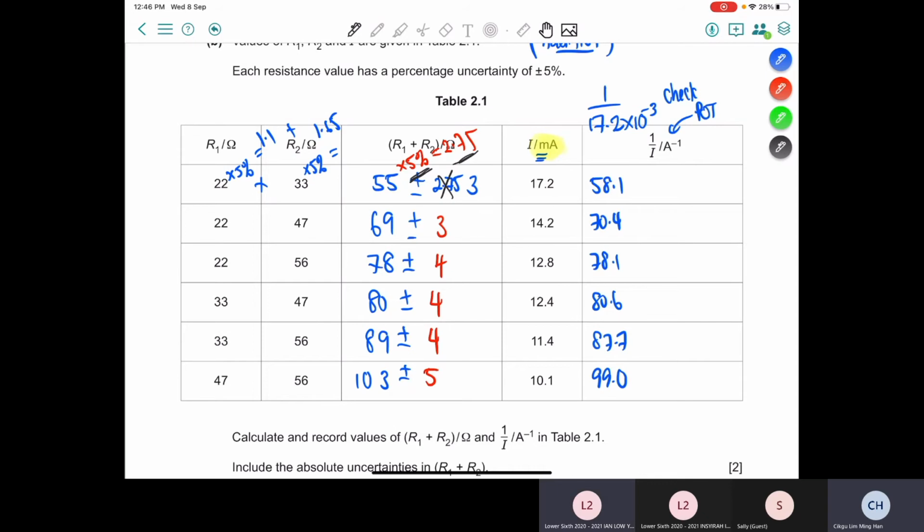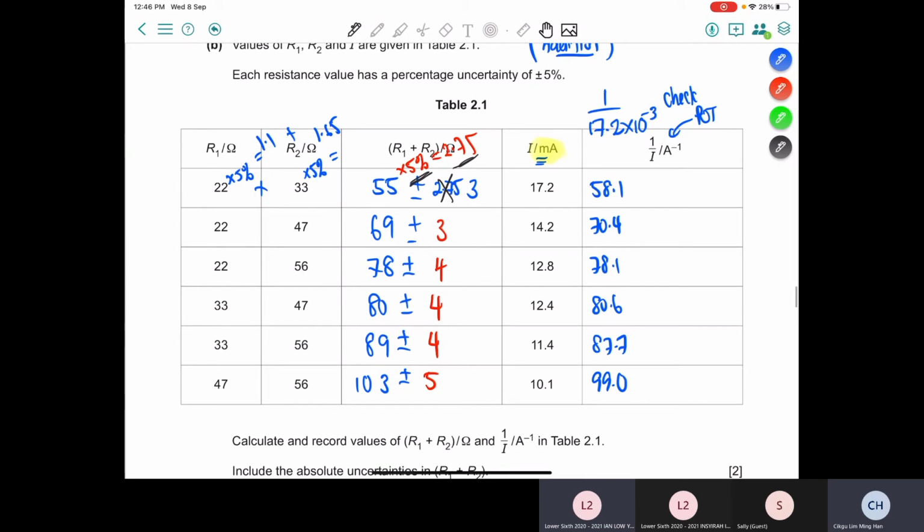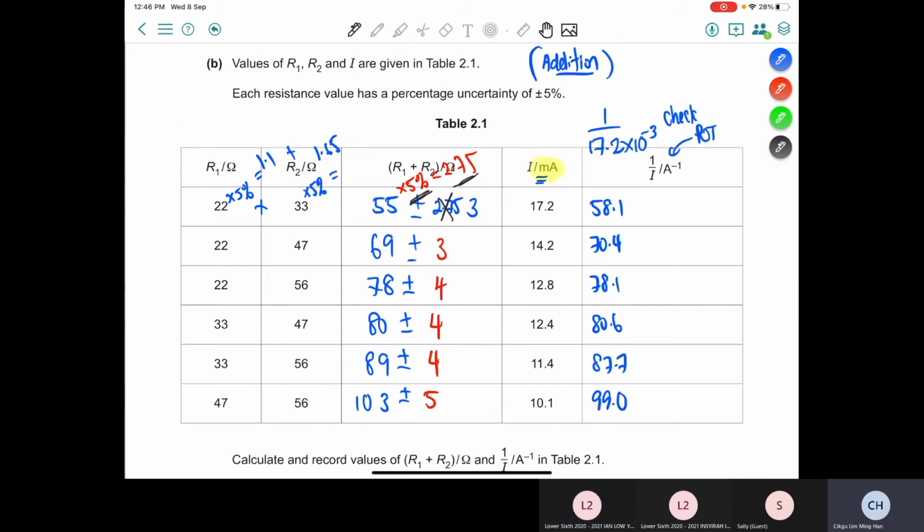If the uncertainties are the same, individually, yes, correct. But if one is 5% and one is 10%, you calculate each one and then add them.